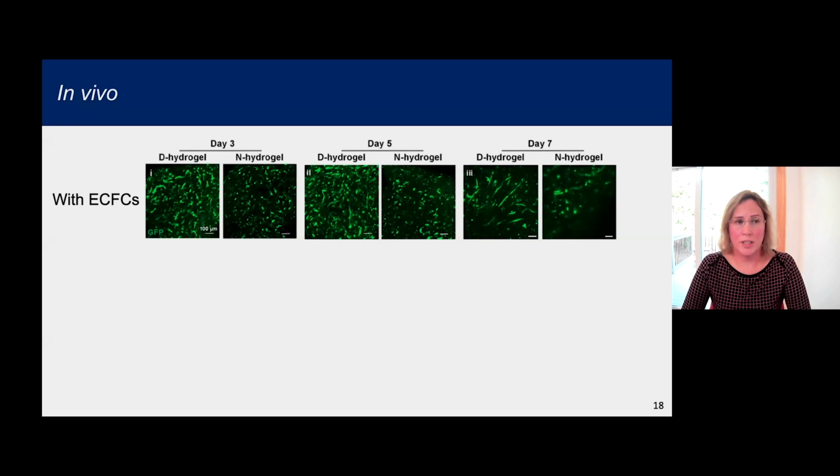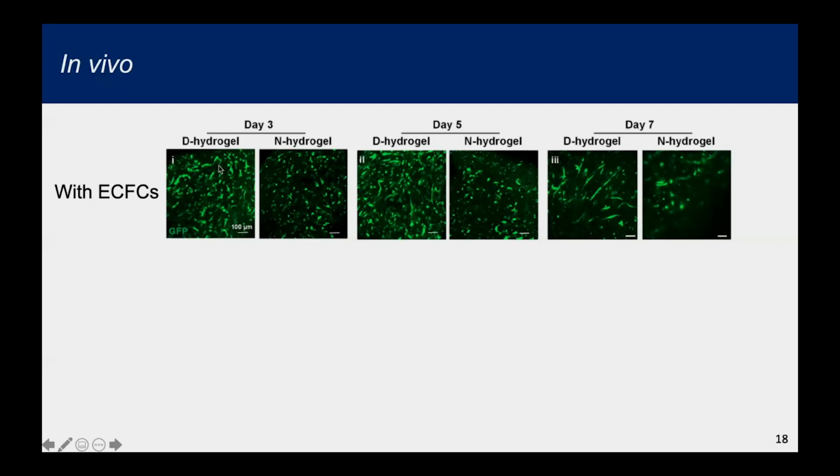Finally, we also examined the relevancy of this system in vivo, as we were thinking about therapeutics, and we injected the hydrogels with endothelial colony forming cells. We can see here network forming in the dynamic hydrogels, and here at day 7 we see larger vessels in those hydrogels.